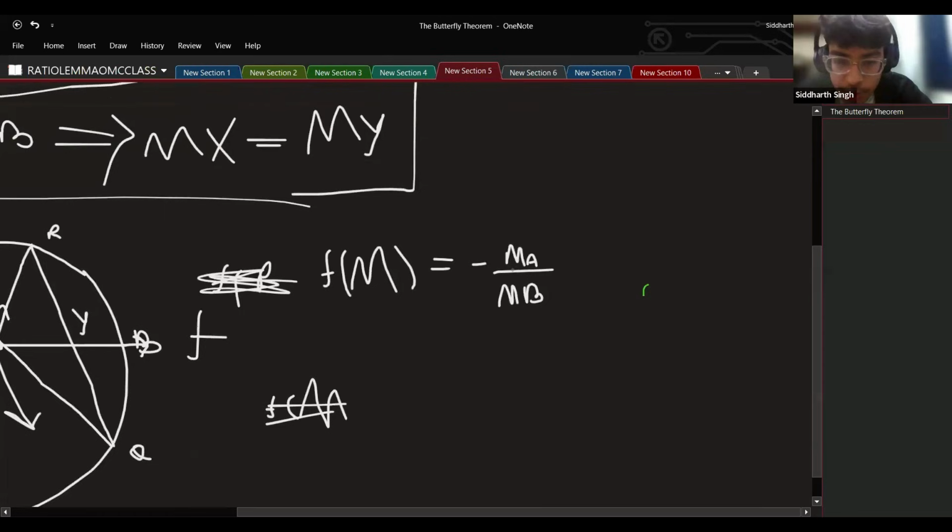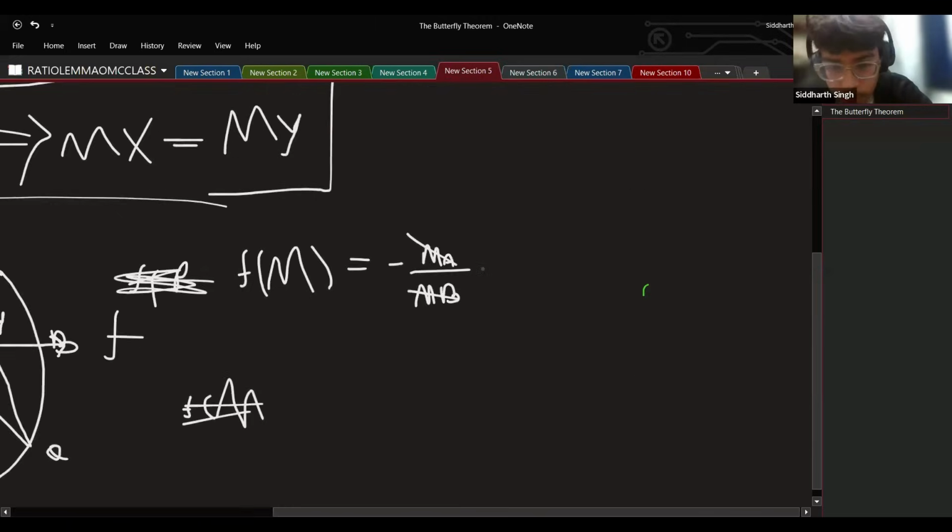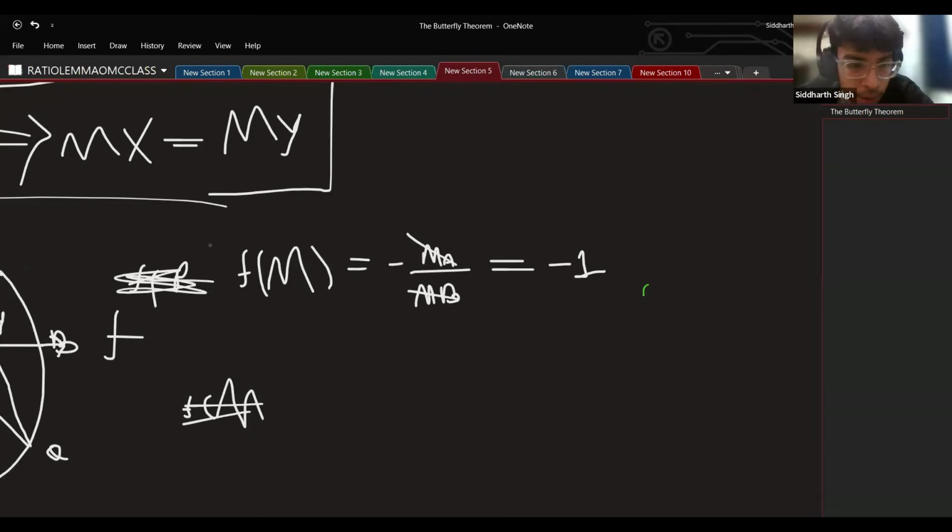Now, does this seem familiar? Because MA and MB are equal, since M is the midpoint of AB, this is actually equal to minus 1. So nice, we have one of the points.